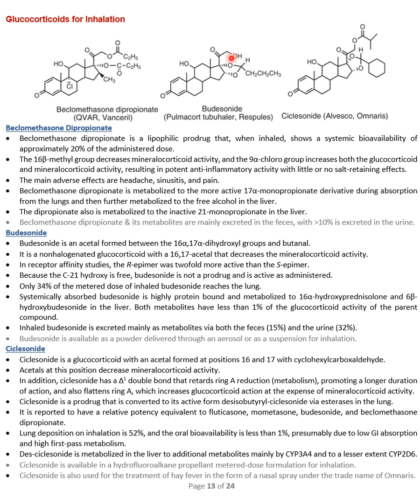Okay, so it is not a prodrug. On the other hand, it is not halogenated, meaning it does not have any fluorine or chlorine. So unlike beclomethasone, which has a chlorine, this one here is non-halogenated. Also, there's a chiral center here, and it was noticed that the R isomer is twofold more active than the S isomer.